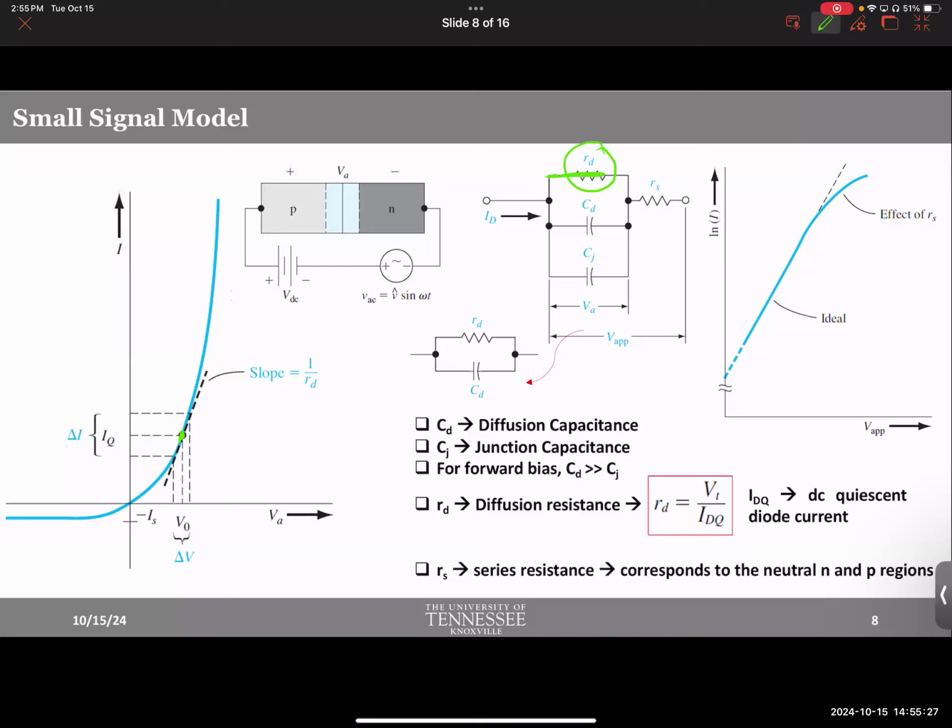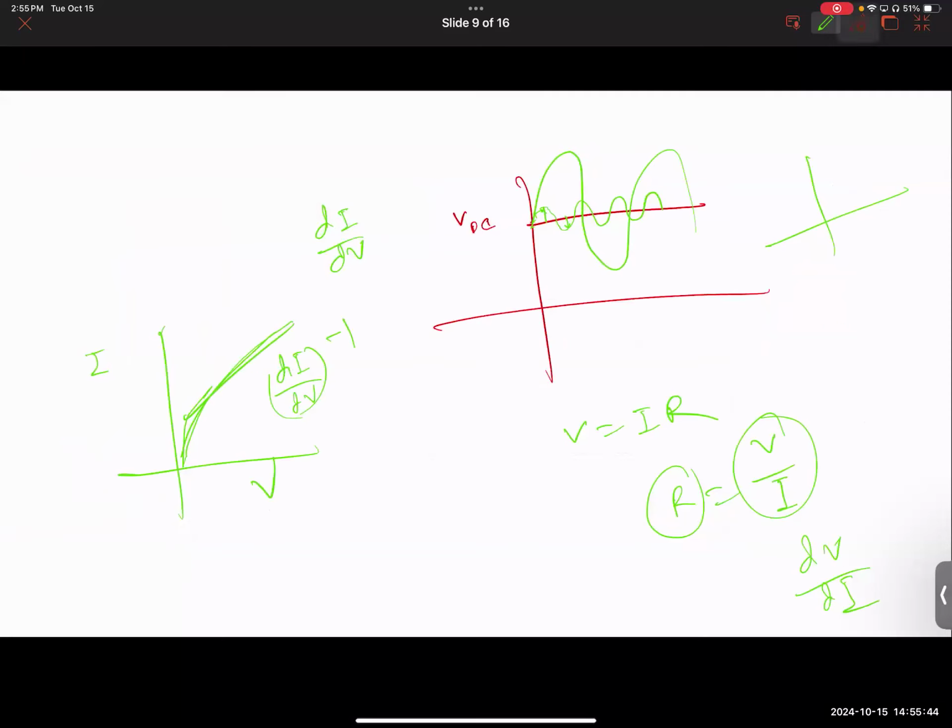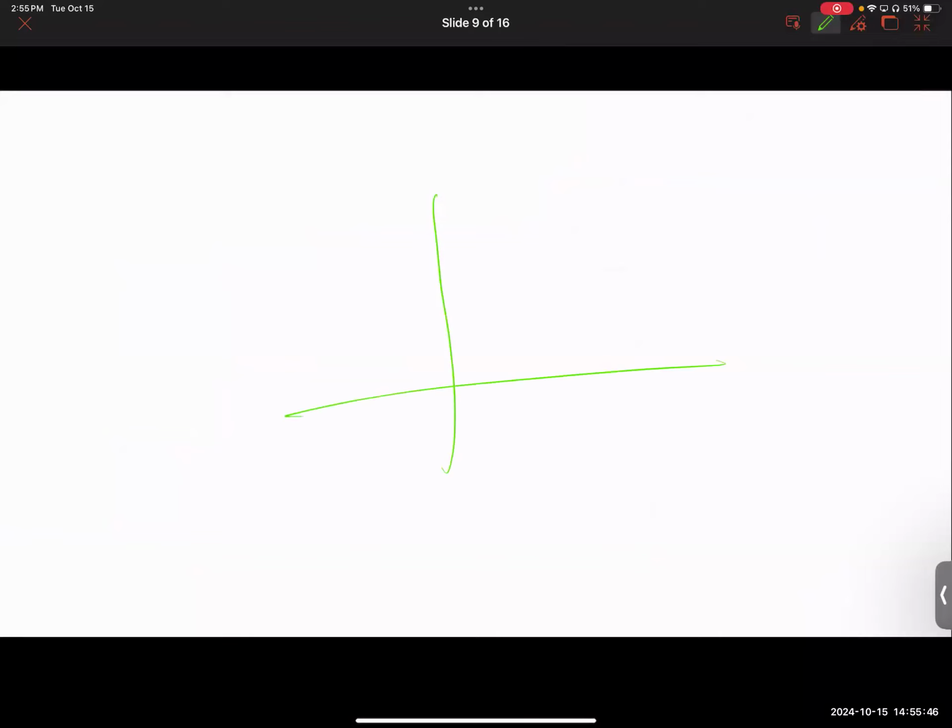So how do we figure out how much resistance to add? If I add too much, it will defeat the purpose. If I add too little, it will be underwhelming. So we have to estimate how much resistance this diode will provide. For that, notice, if it were a straight line like this, it doesn't matter where you take the slope, it's always going to be the same.